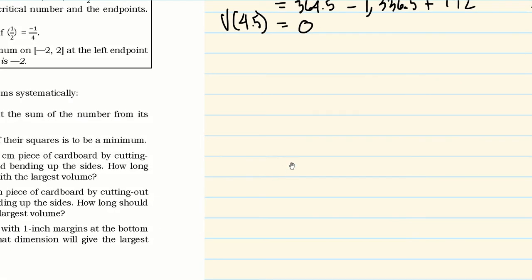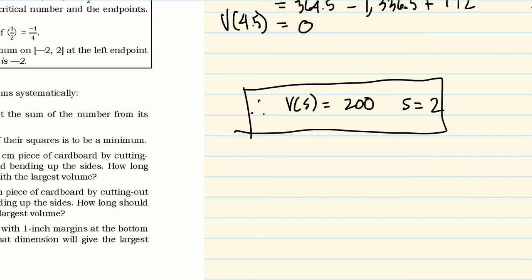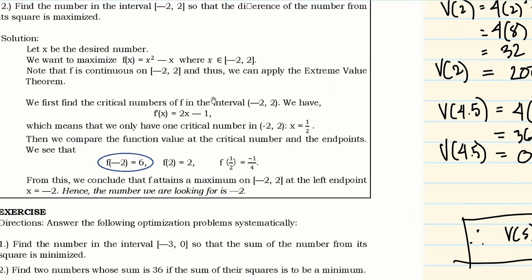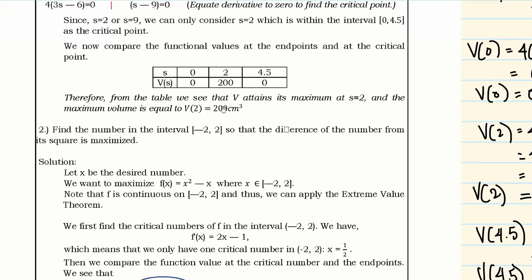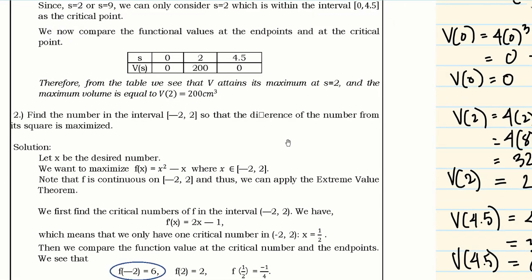No, the side should be, the maximum volume is, I mean S, that should be S. Volume should be 200 when S is equals to 2. So that will be our final answer. So let's check if we have it here also. Yes, we have the same answer here.